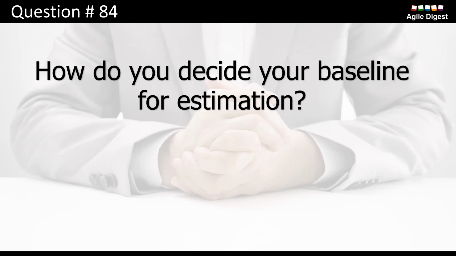So story baselining is identifying the smallest one and estimating it as 2. Are we clear? Decide the smallest one and estimate it as 2 story points. Okay.